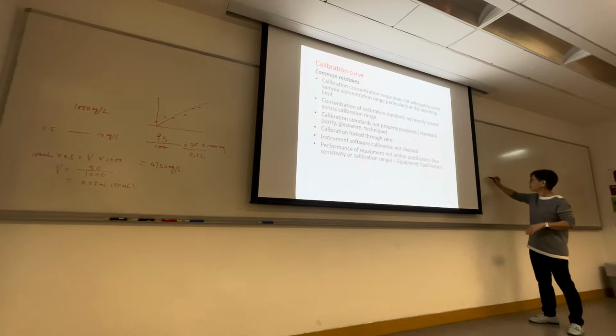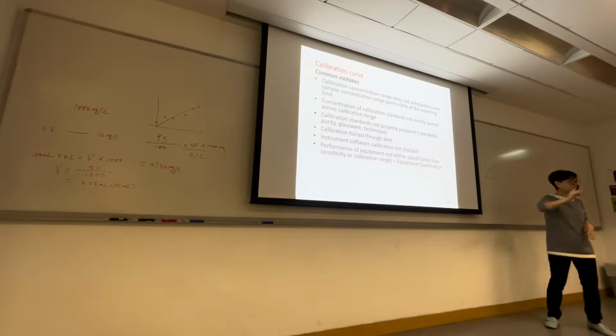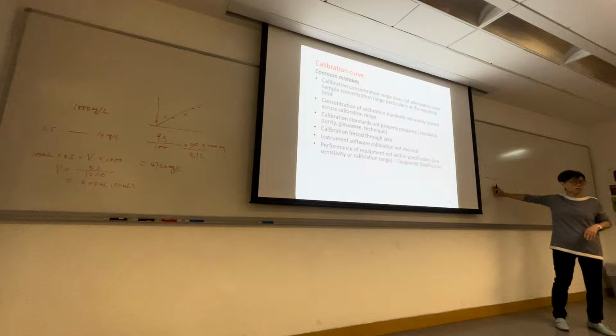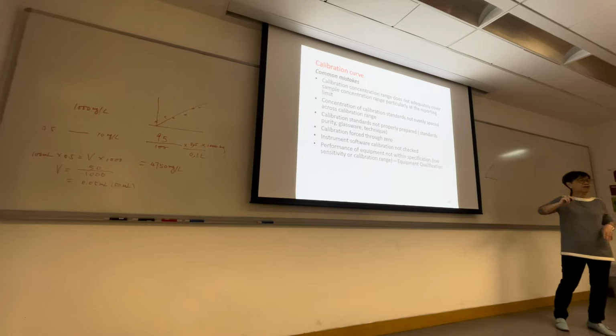So I can see more or less a similar to a straight line. And then they calculate the linearity. Because the instrument doesn't give out the linearity, but the laboratory themselves calculate the linearity using the coefficient of variance, okay?